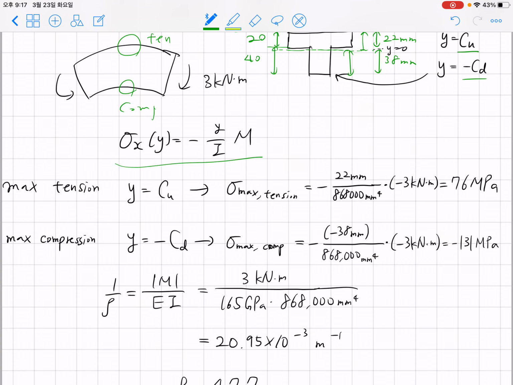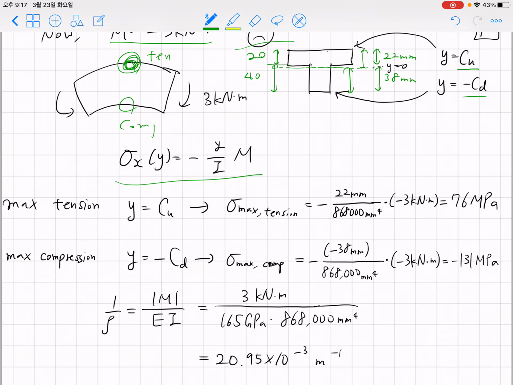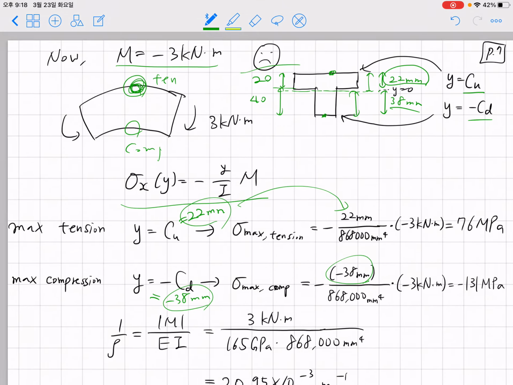We expect maximum tension at the top surface, and at the top surface C_U is 22 millimeter. About the bottom part, the distance to the bottom is minus 38 millimeter. Then we simply plug these into the flexure formula: 22 here, minus 38 here in the place of y.